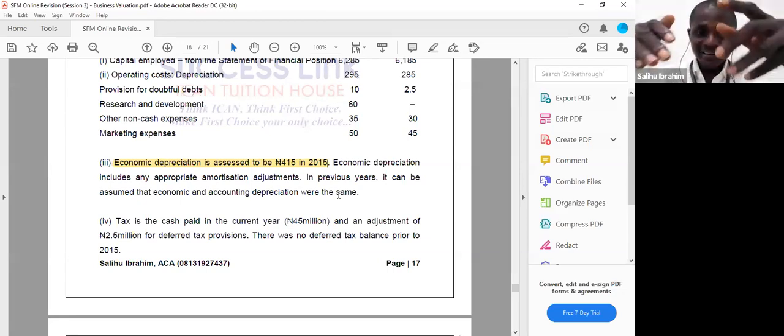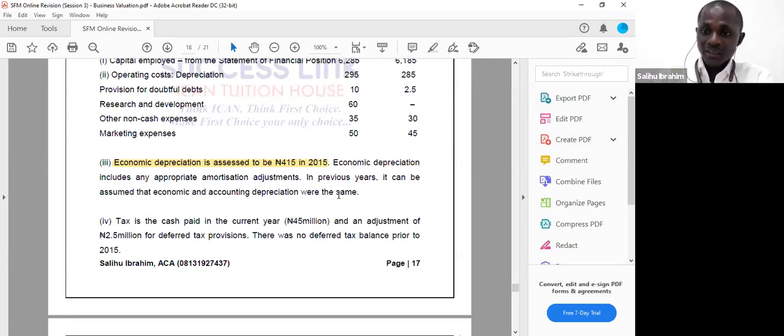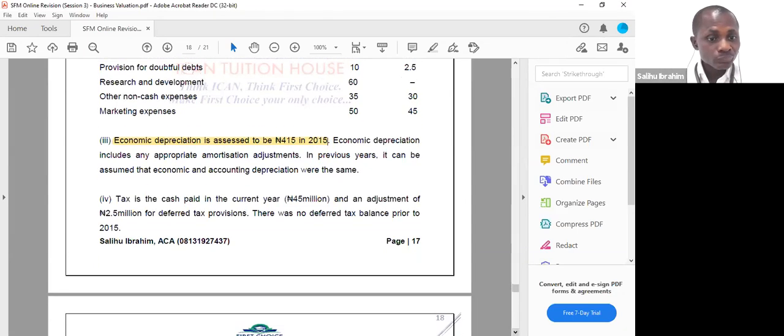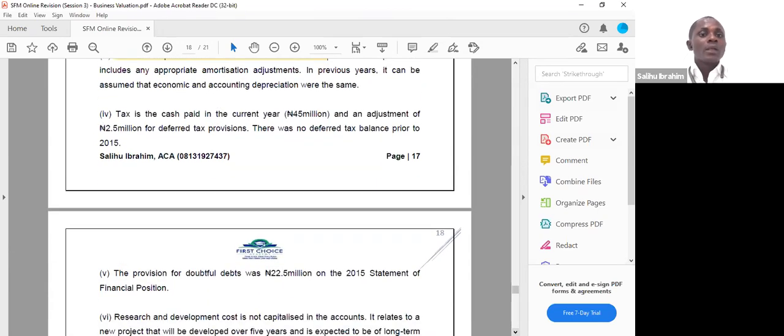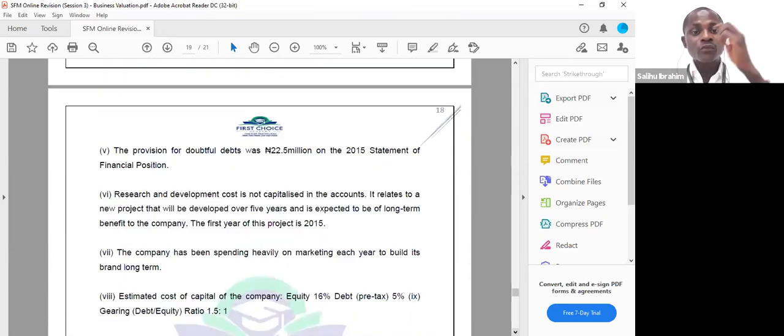Since this is an increase, it is added to our tax. Let us continue. The provision for doubtful debt was 22.5 million on the 2015 statement of financial position. When we get there, we use that as well.